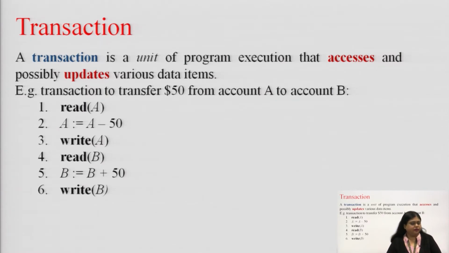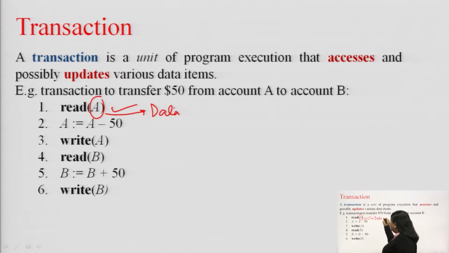This is a single transaction which takes some money out of account A and puts some money into account B. The first instruction in this transaction is a read instruction. What is A? A is a data item. The value of A is stored somewhere in the database, and we are reading that value of A into our transaction.